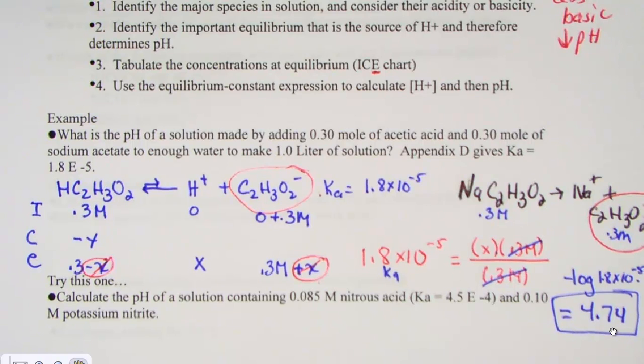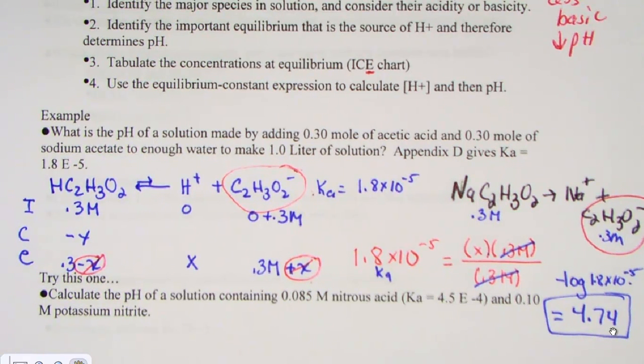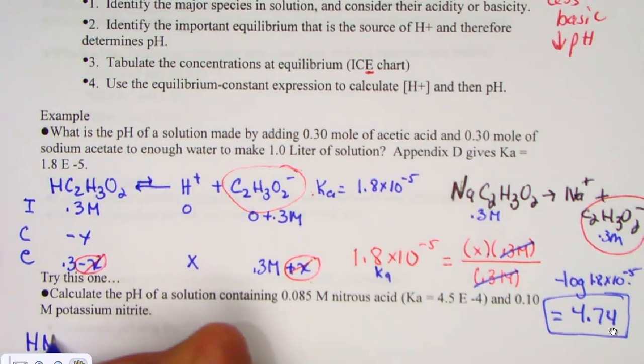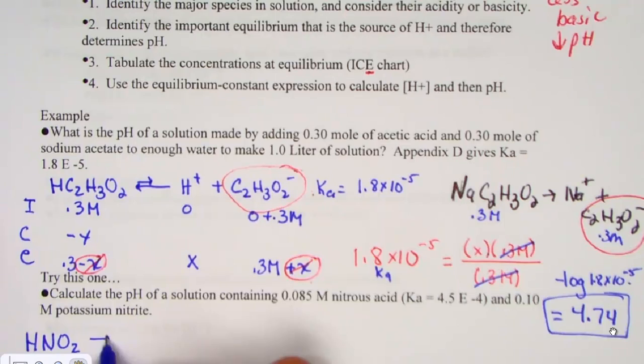Let's consider a next example. Let's calculate the pH of a solution containing 0.085 molar nitrous acid, its Ka provided, and 0.1 molar potassium nitrite. Now think about the competing equilibriums. The weak acid, HNO2, is nitrous acid.